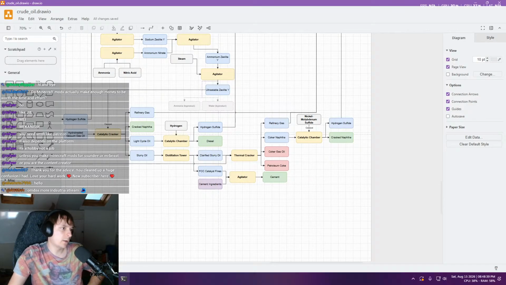It can also be used for carbon black, which is a whole other thing. And then it can be used for the heavy fuel oil as well. Okay. That complicates things.